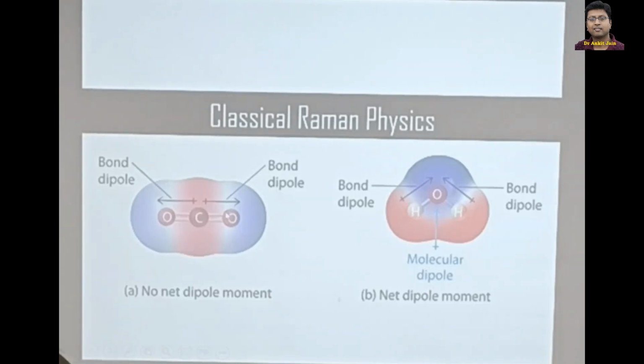That is why there is no net dipole. While in certain molecules like H2O, the net dipole moment always exists and it is not symmetric. So this is a symmetric molecule and this is an asymmetric molecule. And depending upon the molecule being linear or nonlinear, 3N minus 5 and 3N minus 6 are the number of vibrational modes that exist.